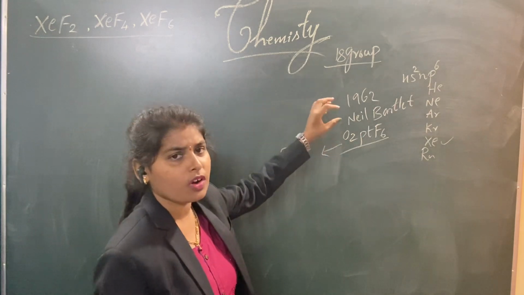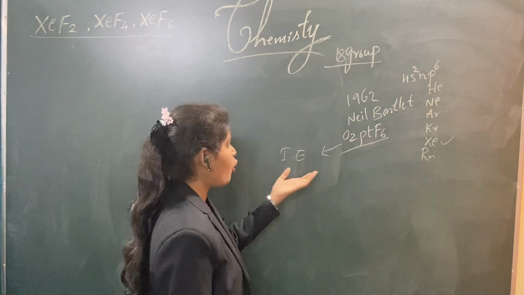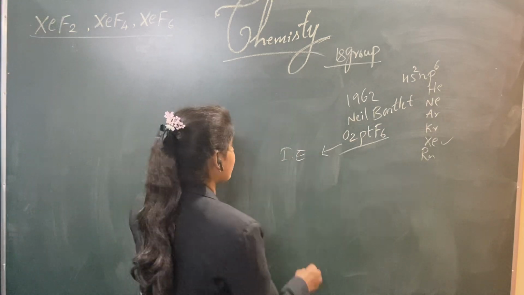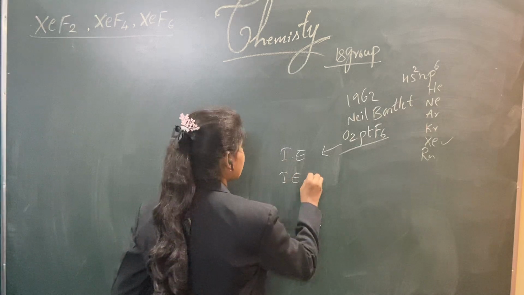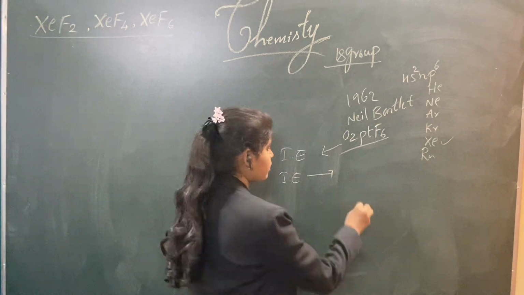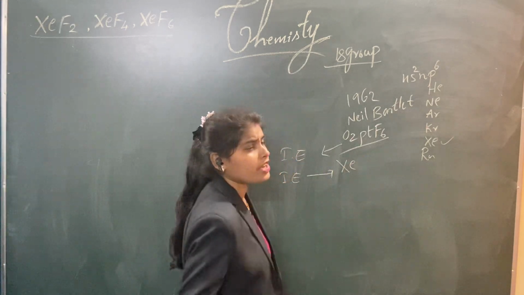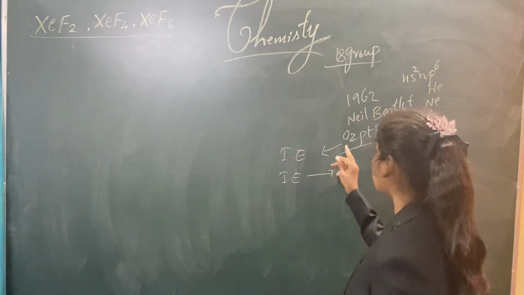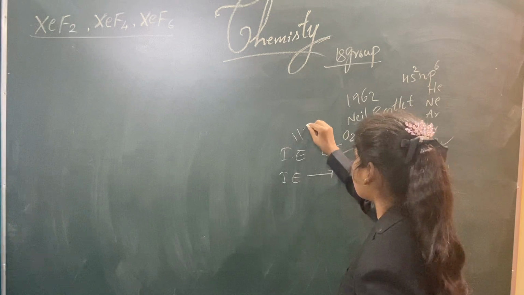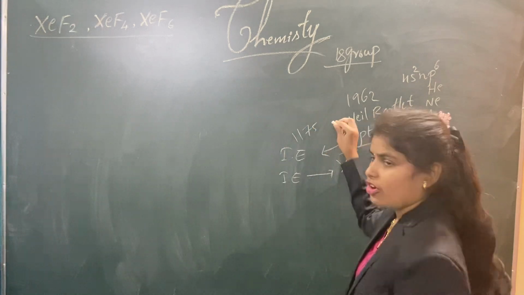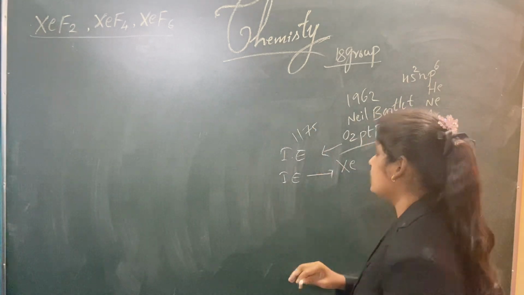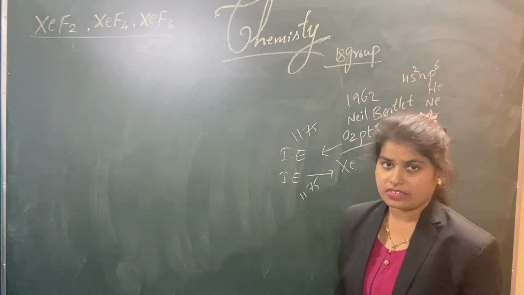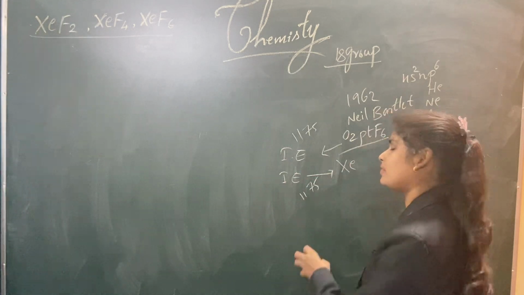He found that to remove an electron from oxygen we apply 1175 kilojoule per mole of energy. The same amount, 1175 kilojoule per mole, is required to remove an electron from xenon.